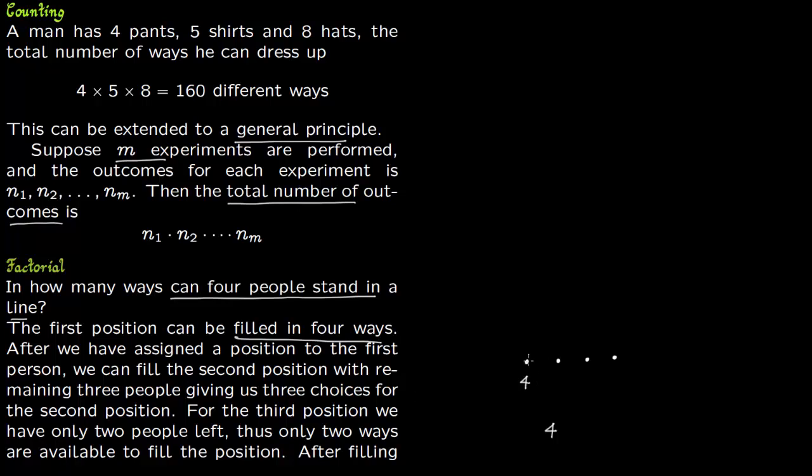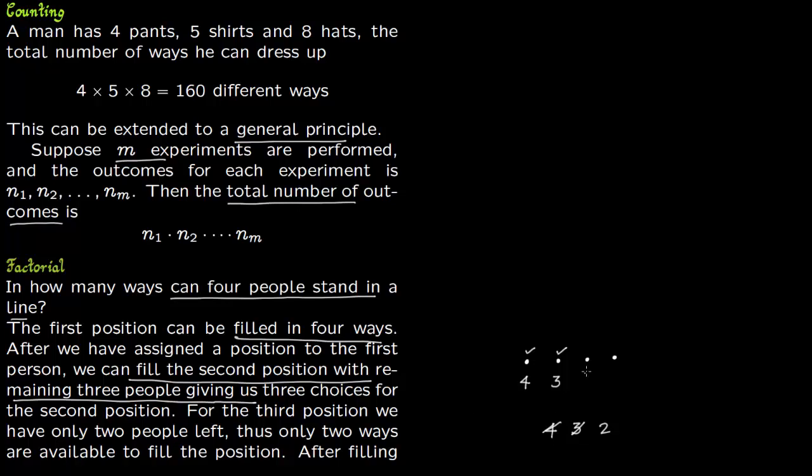Once you have put a person here, there are only 3 people remaining. So out of these 3 people, you can put anyone in the second place. Once you fill this place, now only 2 people are remaining.